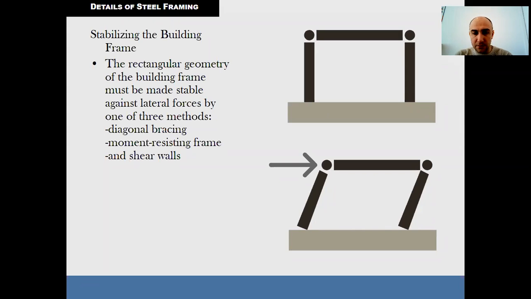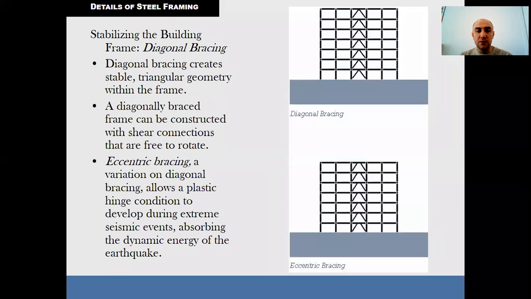As we know, there are several mostly used types of bracing system: diagonal, moment resisting, and shear walls. Let's talk separately about each of them. In general, a braced frame is a structural system very commonly used in structures subject to lateral loads, such as wind or seismic pressure.